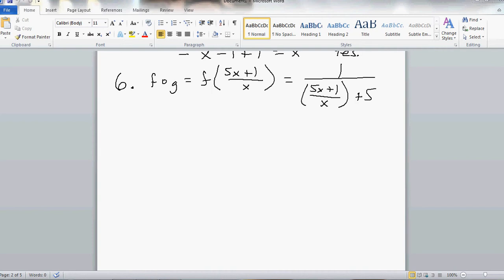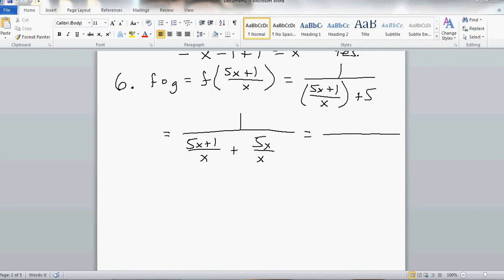And so we need to really try and straighten this up. So I'm going to do common denominators down below. So that'll be 5x plus 1 over x plus 5x over x, all under 1.